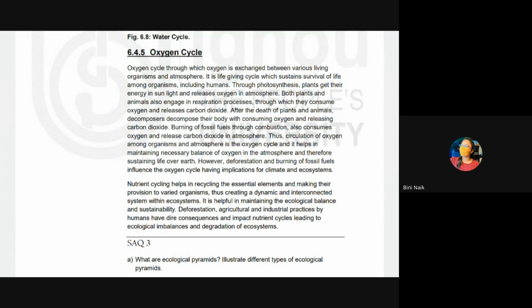If no decomposers were present, then what would happen? The cyclic nature of these biogeochemical cycles would not be possible. So this is why we consider these cycles a part of ecosystem services or ecosystem functions.